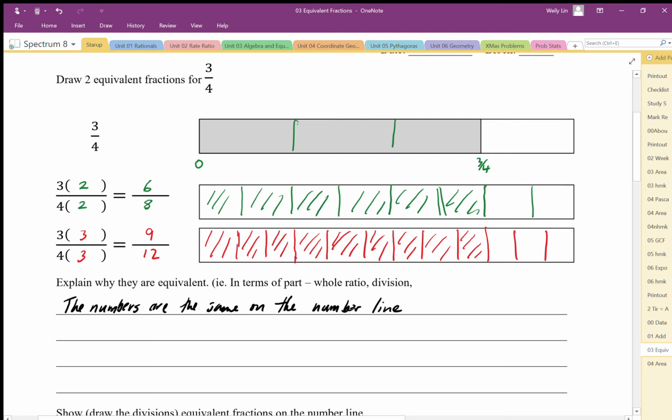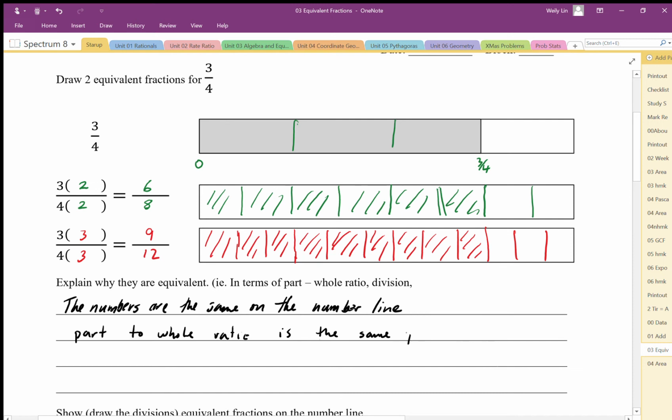Okay, so that's one way we can say they're the same. We can say that the part to whole ratio is the same proportion.